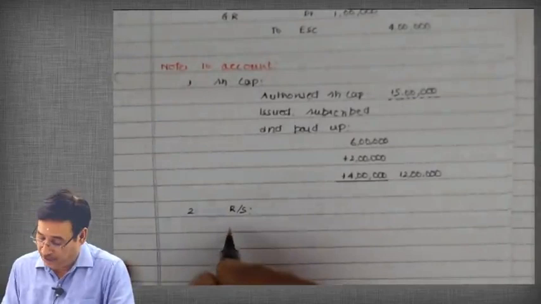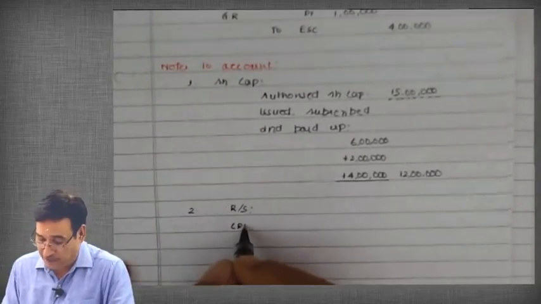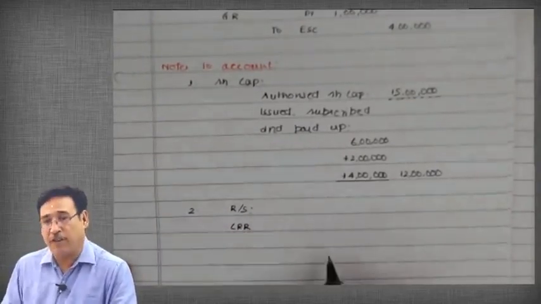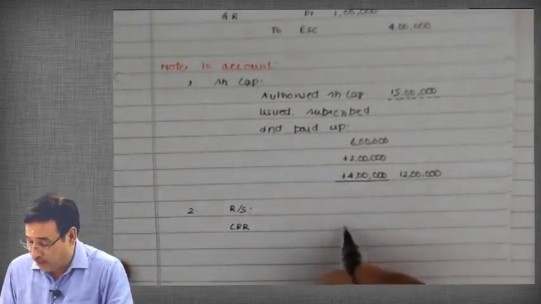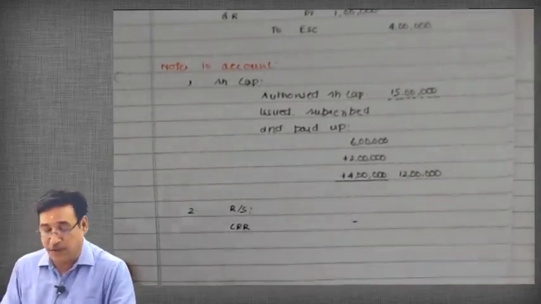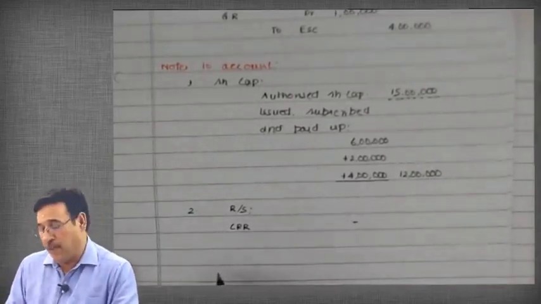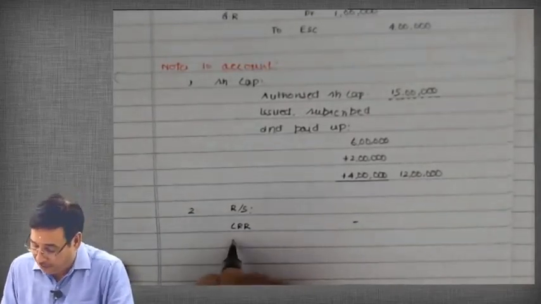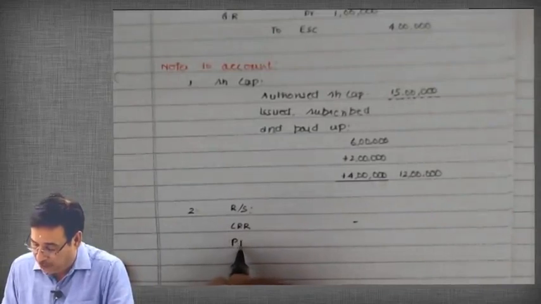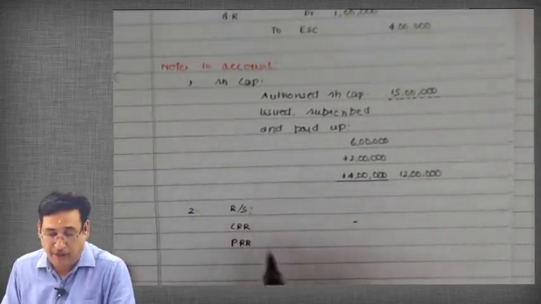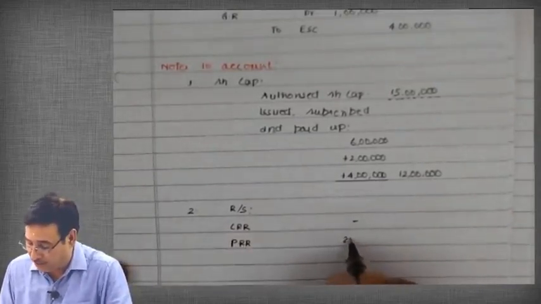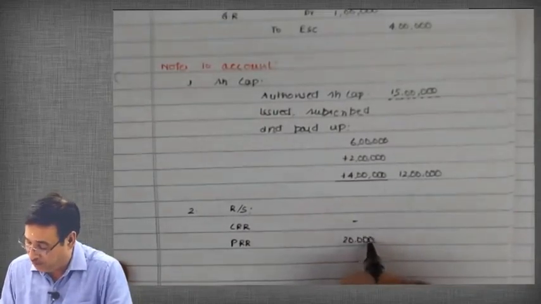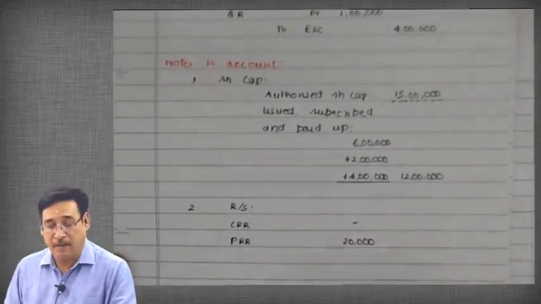In the balance sheet, as we can see, capital redemption reserve is actually 1,50,000. But now this reserve has become 0 because entire 1,50,000 has been utilized for the purpose of bonus issue. Plant revaluation reserve account, PRR. We haven't utilized this reserve as it is not realized in cash. 20,000, correct?